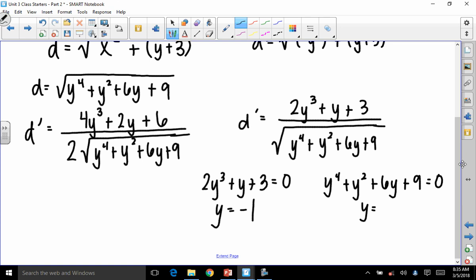The bottom, they're all imaginary, which would be nice, right? So we don't have to worry about that, right?